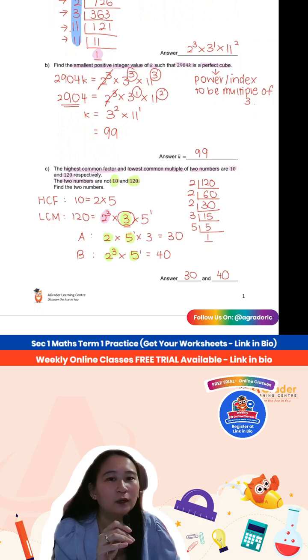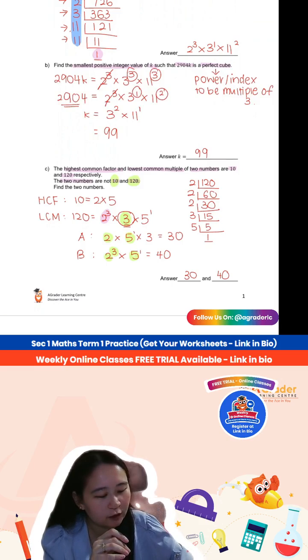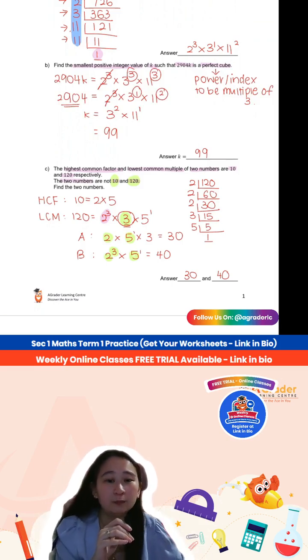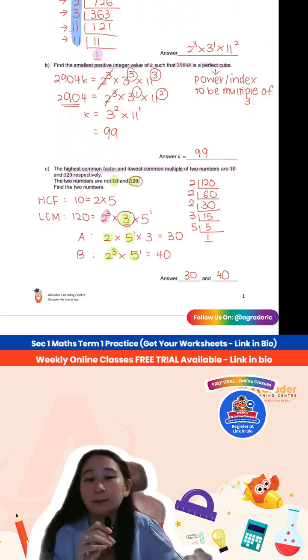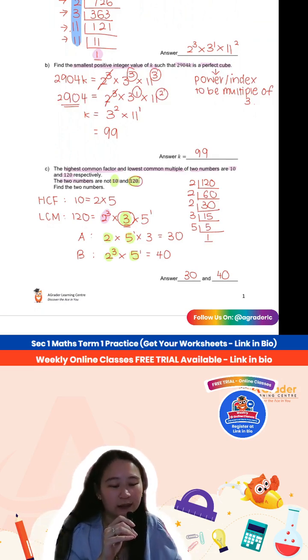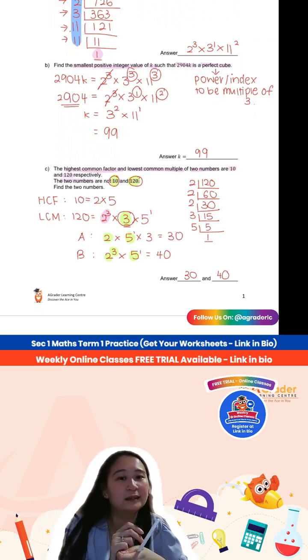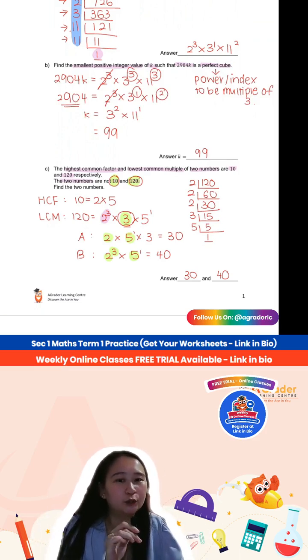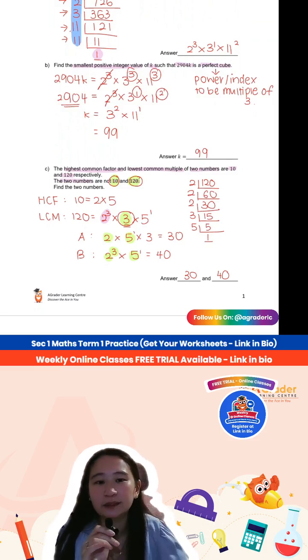It can't be in B, because if I put this factor 3 in B, it will become 120, which is my LCM, and they tell you the two numbers are not 10 and 120. And my A can't just be 2 times 5, because it will be 10, and it's not 10. So I have to multiply this 3 into my A. Can you understand how to split the factors?